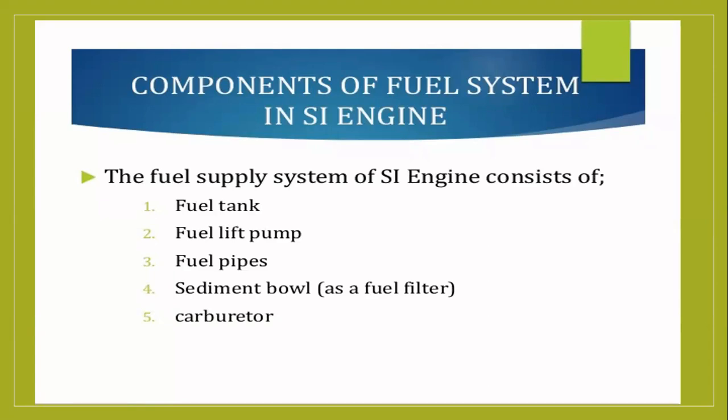The fuel system of SI engine consists of fuel tank, fuel lift pump, fuel pipe, cylinder and carburetor. Actually, carburetor itself is not the end. In the fuel system, the fuel from the carburetor has to go to the combustion chamber of the bore or cylinder.